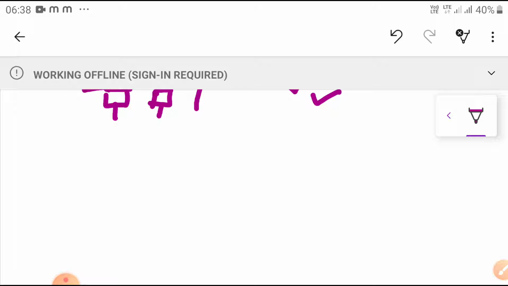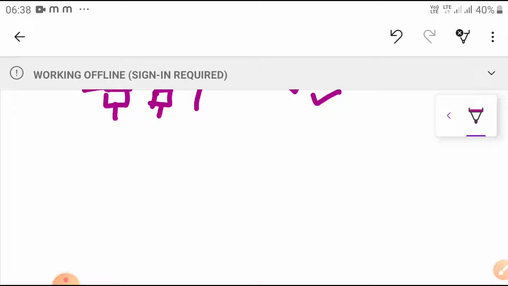So the slot pitch angle plays a vital role. So we have to find what the slot pitch angle is. The slot pitch angle is the angle in electrical degrees between any two adjacent slots.